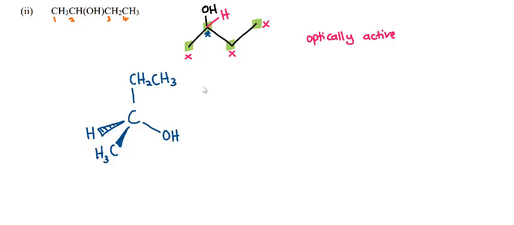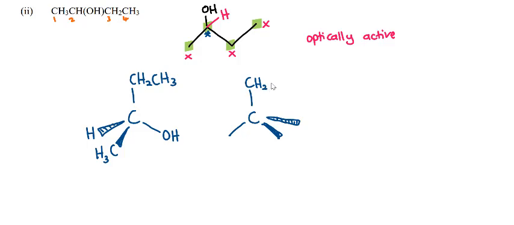So for the mirror image of this structure, I'm going to draw again. We have a solid line, then a wedge line, and last but not least, the dashed wedge line. Just copy back everything.